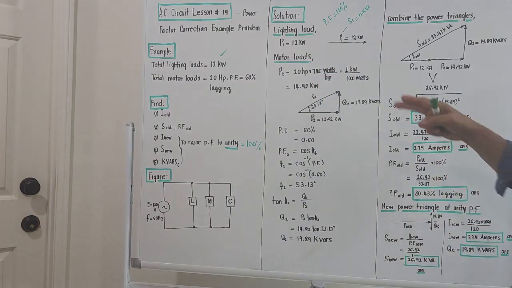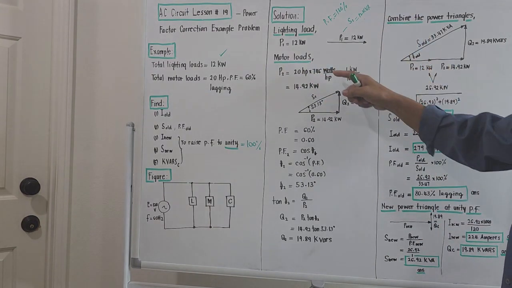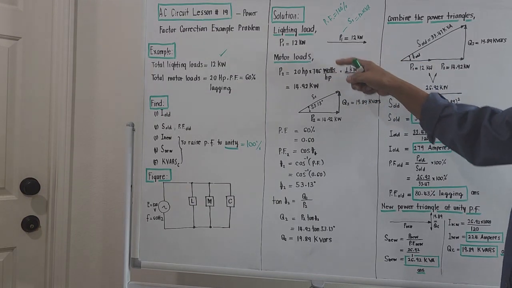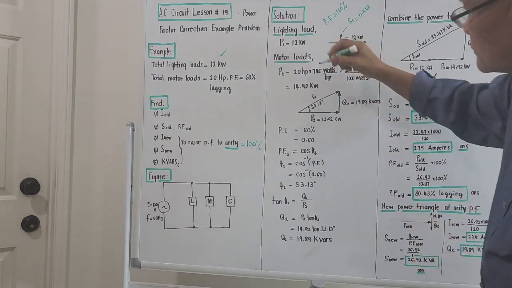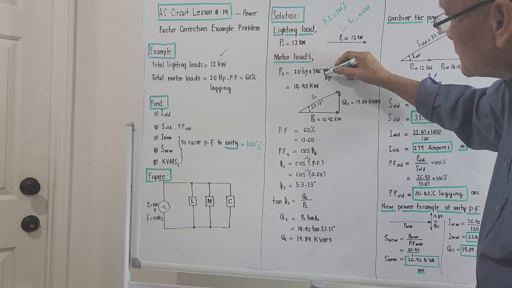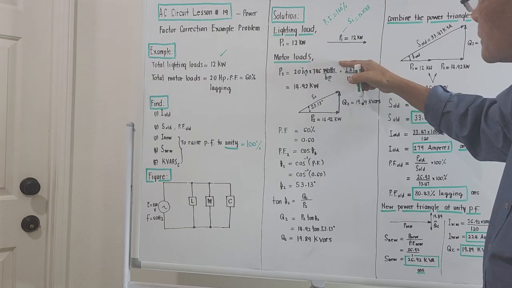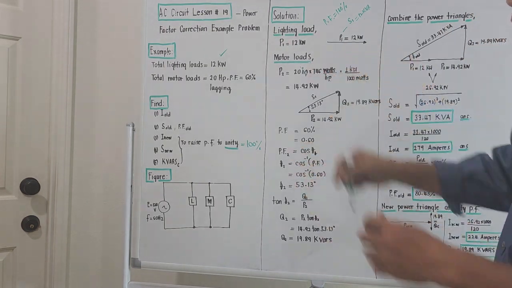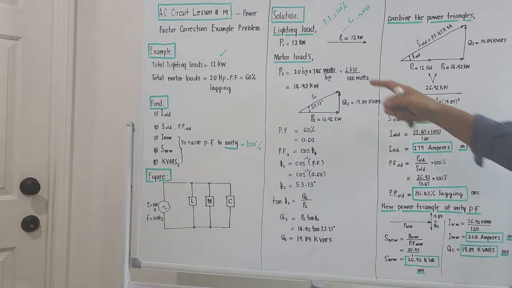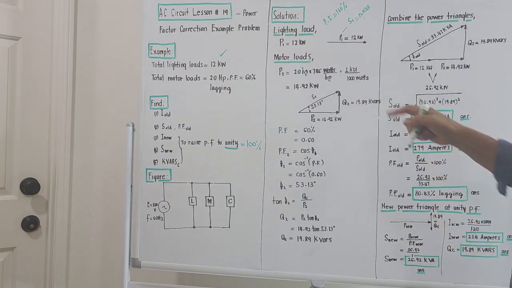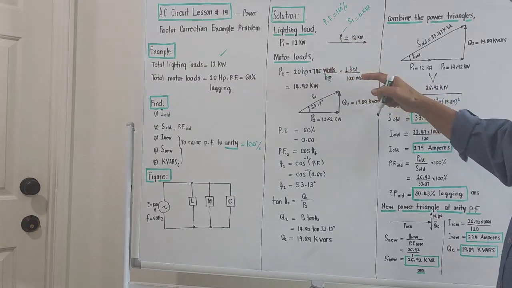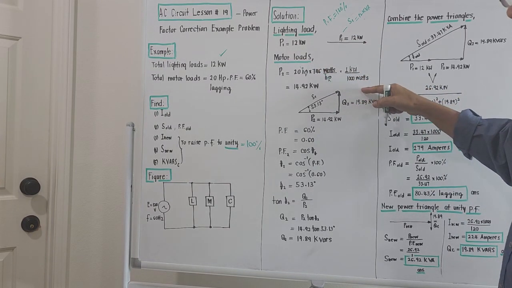We convert horsepower to watts, so this is multiplied by 746 watts per horsepower. So this horsepower here cancels. What remains is watts. But I want to convert this watts to kilowatts, so I will be multiplying this right hand side by 1 kilowatt per 1000 watt.